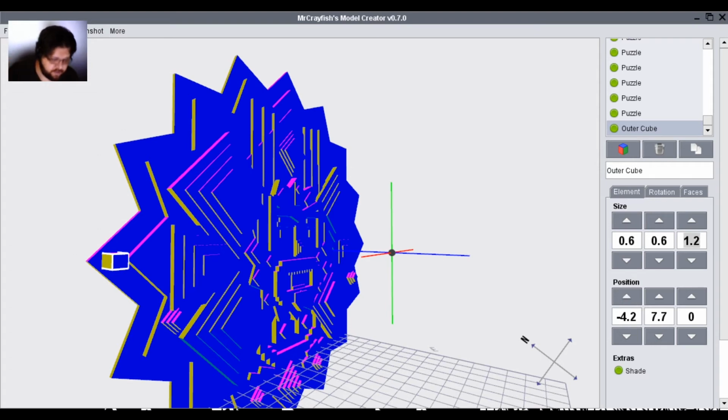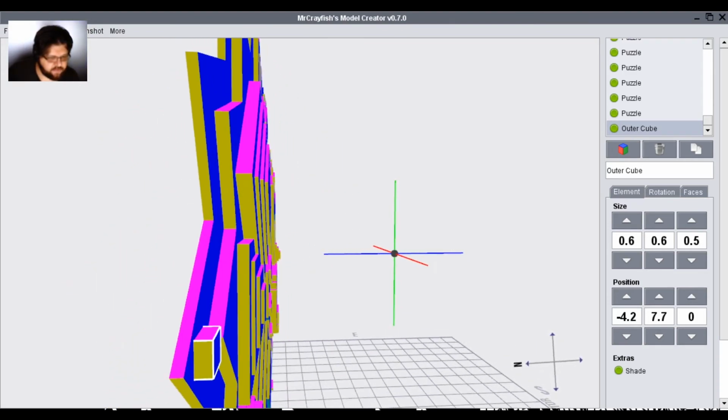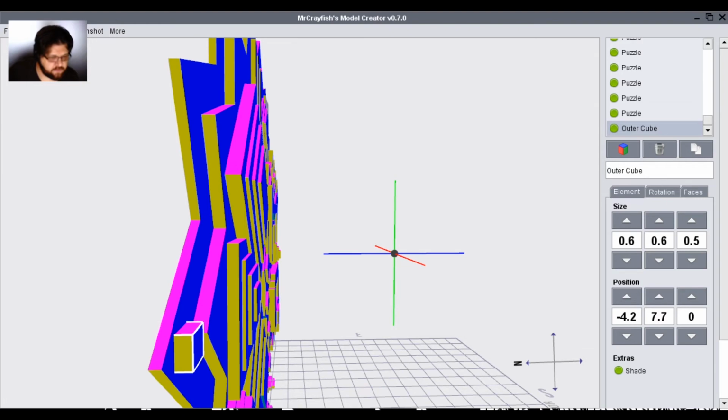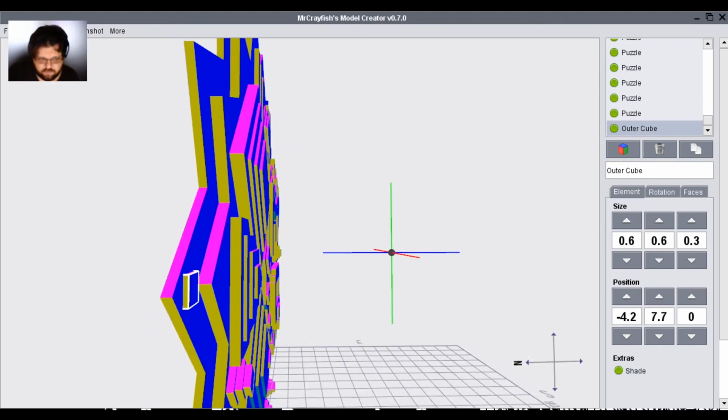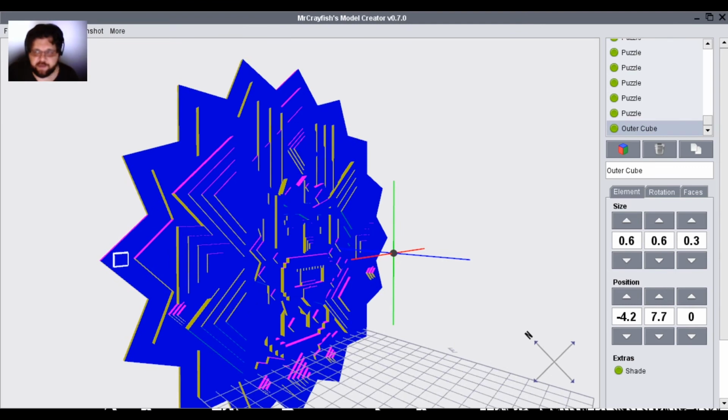And we're down to 0.2 here, so let's bump this up to a 0.5. 0.3 makes more sense. It wouldn't make sense to have it be all the way out to 0.5 right there. No, no. Outer cube, let's bump this up.